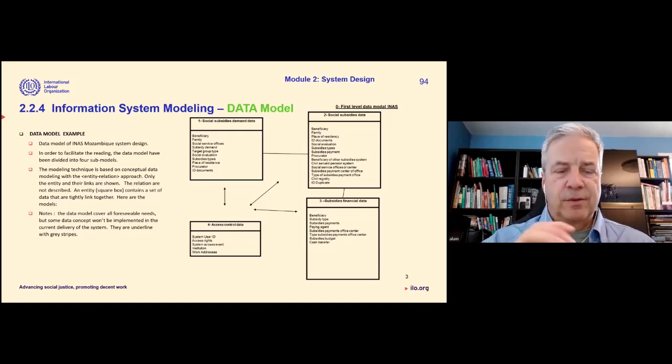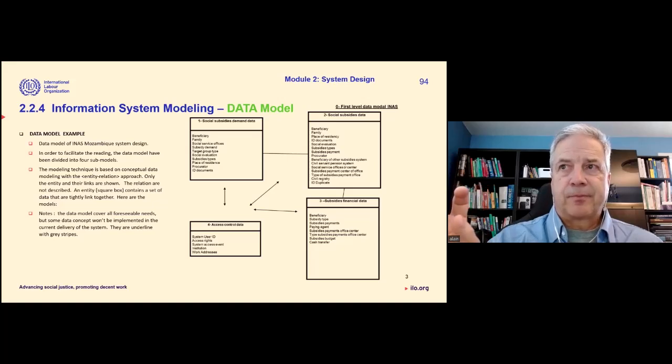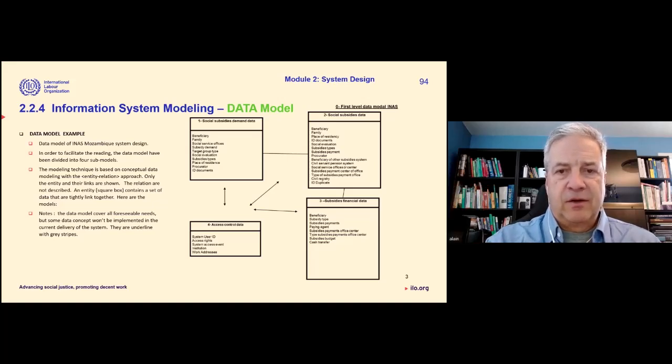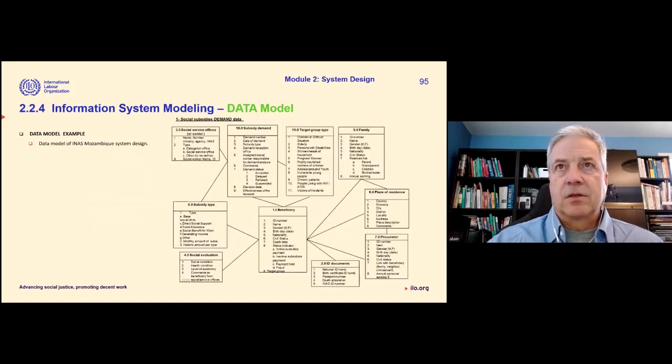We have large groups of data: all the data concerning the social subsidies demand, all the data about the financials, and also the data for the access and control of that data. So let's go to a part of the model that concerns the subsidies demand.